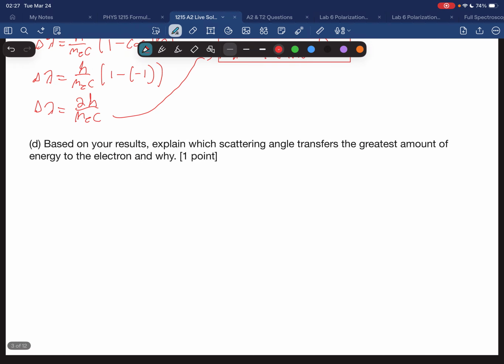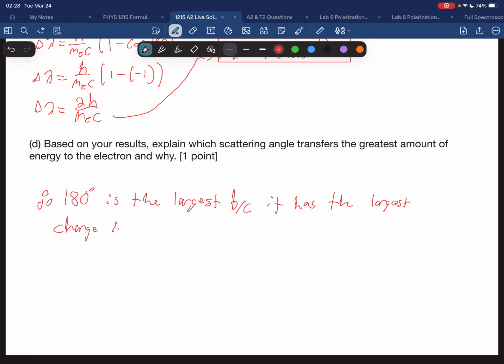For part D, based on your results, explain which scatter angle transfers the greatest amount of energy to the electron and why. So, therefore, 180 degrees is the largest because it has the largest change in wavelength.